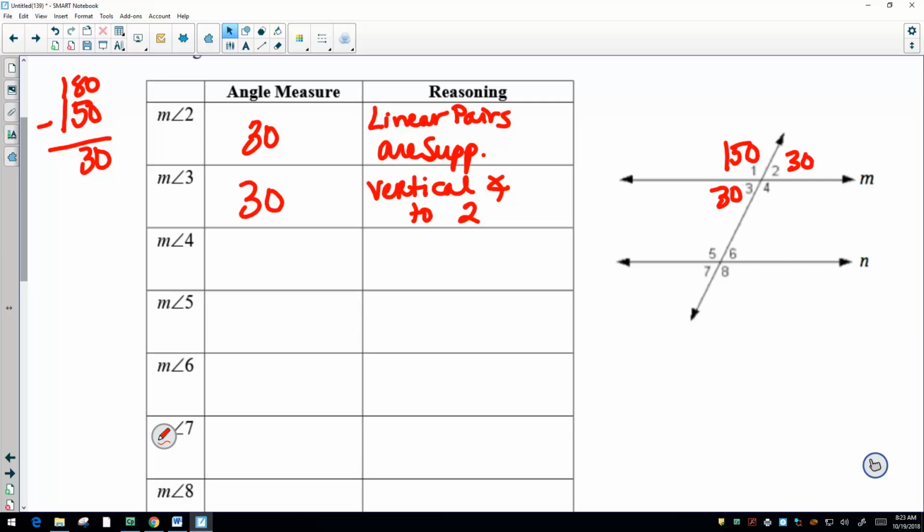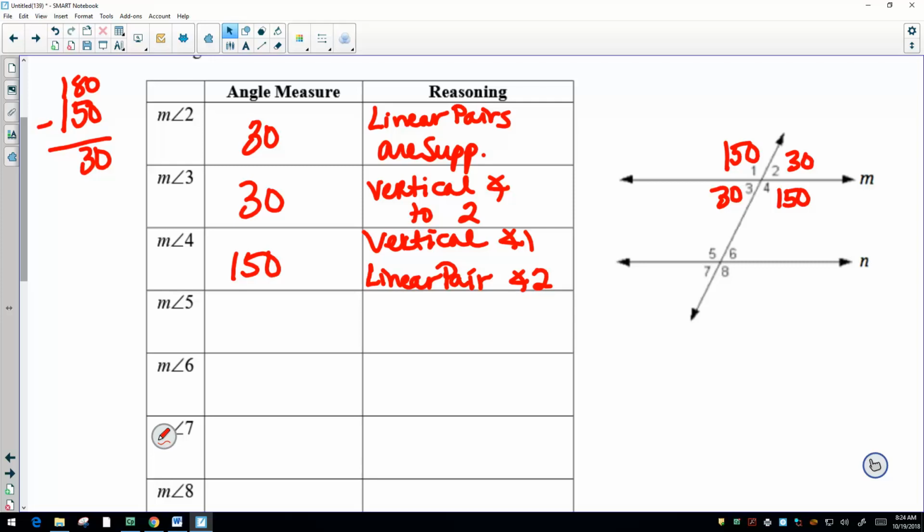I could say it's vertical to 1, meaning it has to be 150. So I'm just going to put over here maybe a couple of options. Vertical to angle 1. Or I could say it's a linear pair with both 3 and 2. So either one, I'll write down 2, knowing again that should be supplementary.